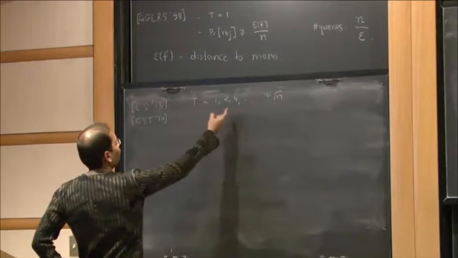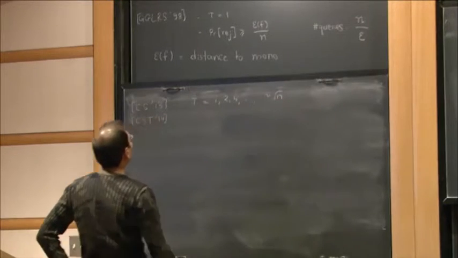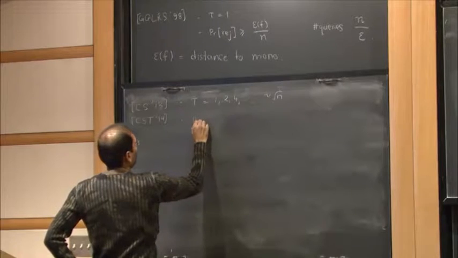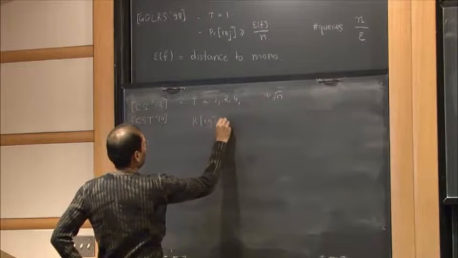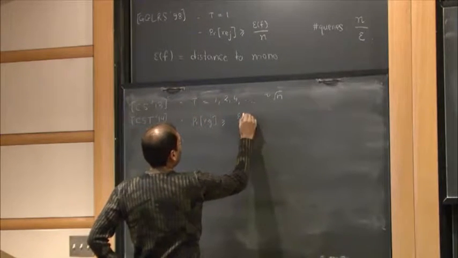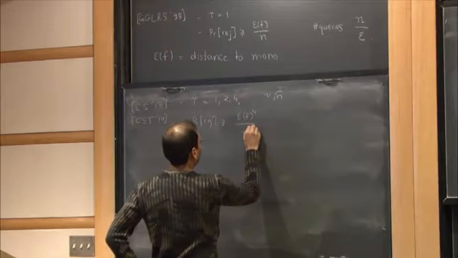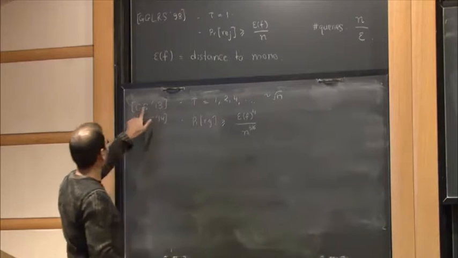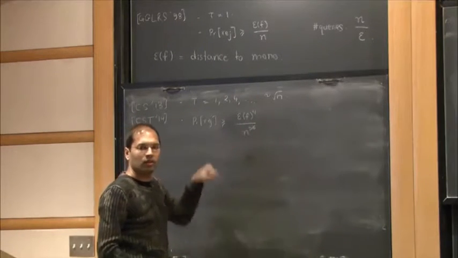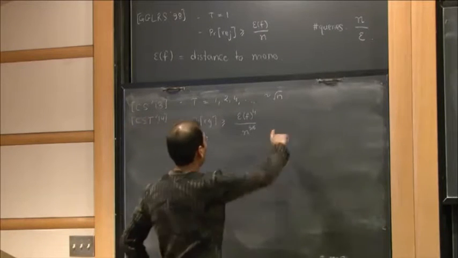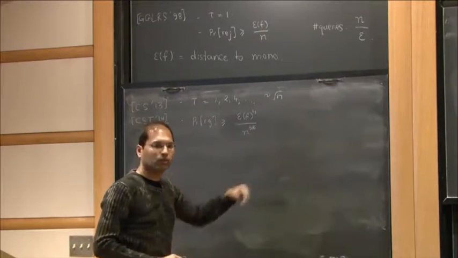You pick tau uniformly from the powers of 2, and then the tester is the same. And they showed that the rejection probability is at least, ignoring the dependence on epsilon, n to the 5/6. The CS paper got n to the 7/8, and then it was improved to 5/6. And the number of queries is just the inverse of this.